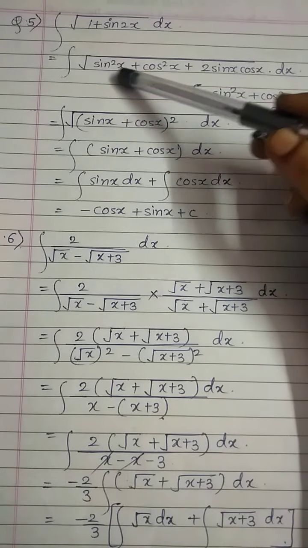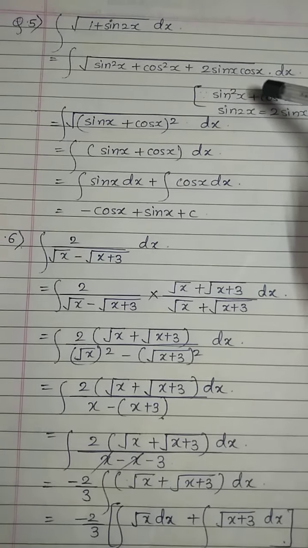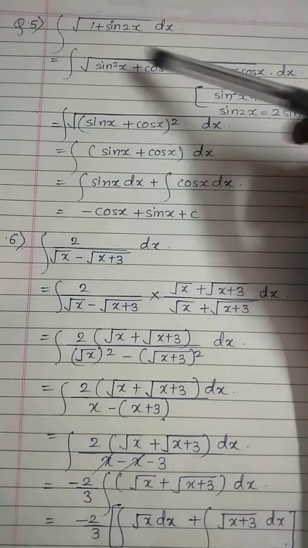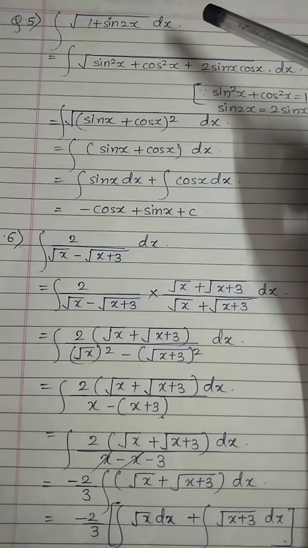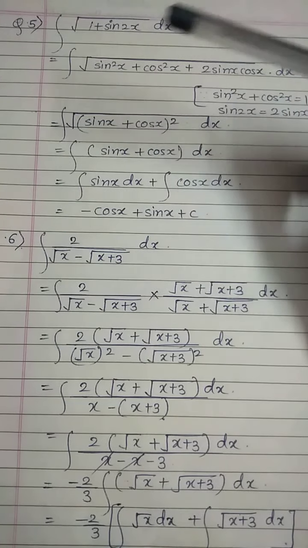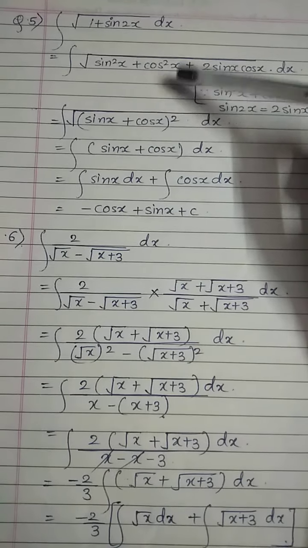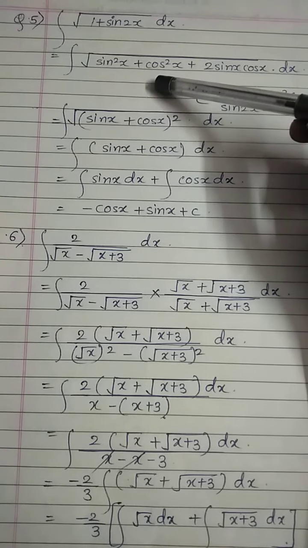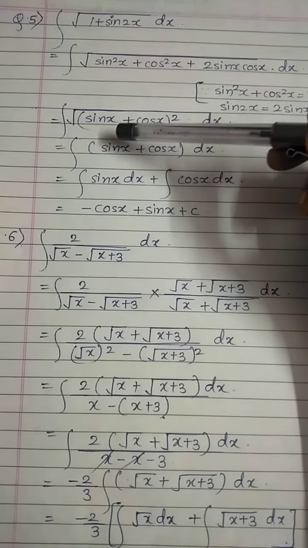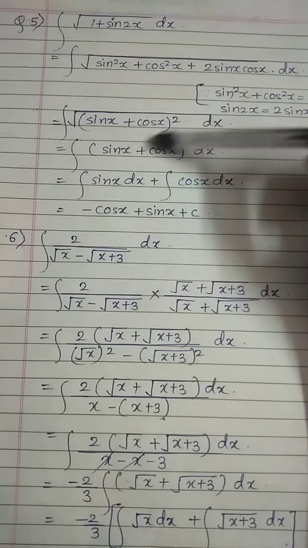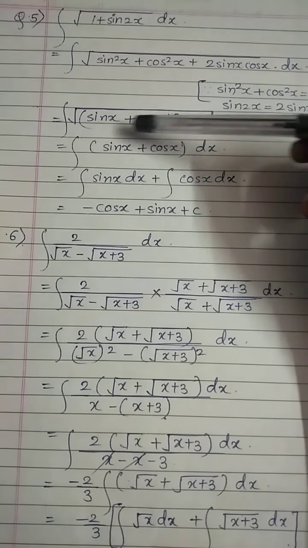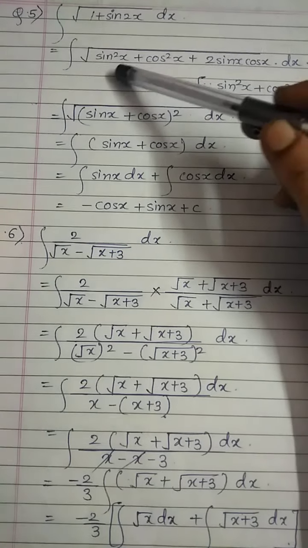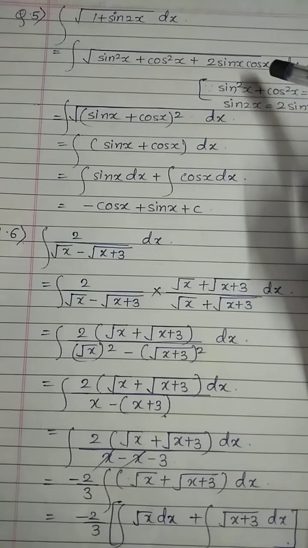Now if you observe this term carefully, then this is in the form of a square plus 2ab plus b square, where we can say that sin x is nothing but a and cos x is nothing but b. So in under root we can write sin x plus cos x the bracket square dx, because if we split this bracket, then we will get the same expansion.